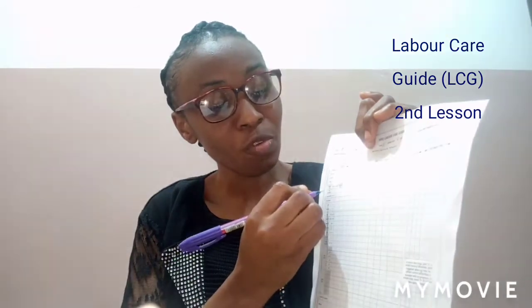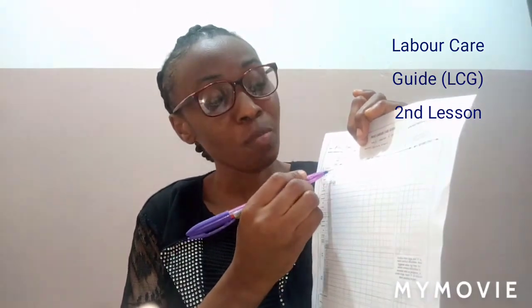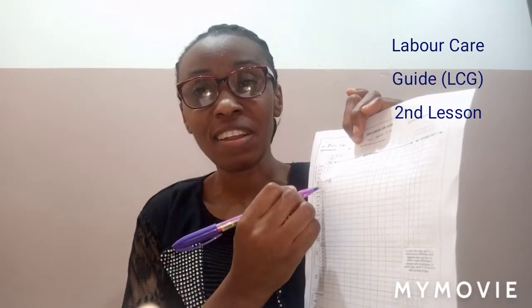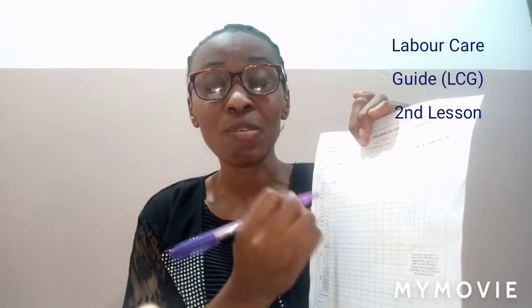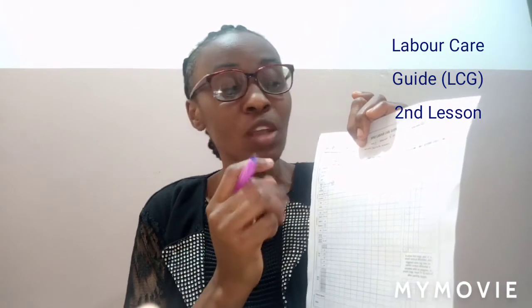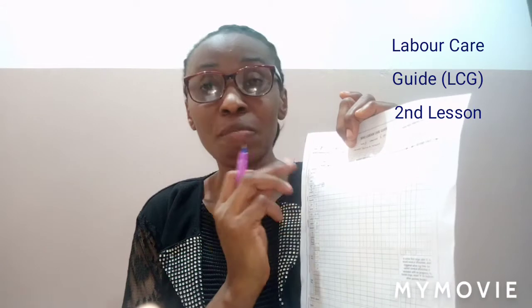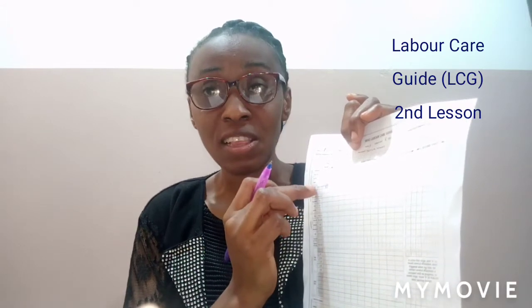For this section, if you come to the alert section, you see an L, and the L here stands for late deceleration. So partographically, when the deceleration is late, you document L and you intervene. That's an alert. Then you provide intervention, or you call senior staff and follow your facility's guidelines.